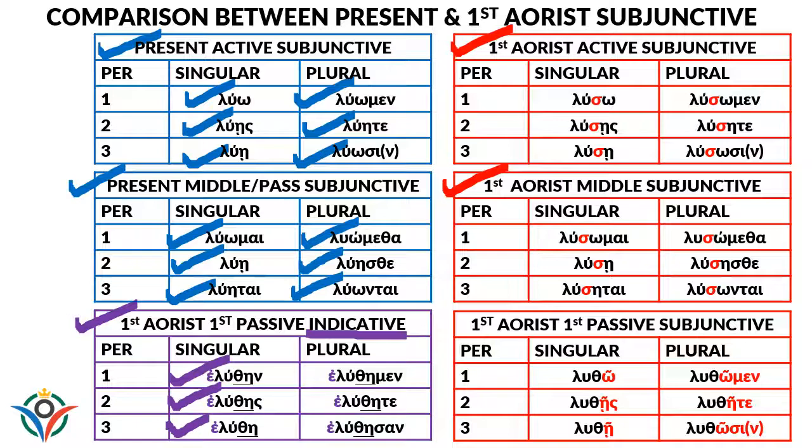The plural forms, eluthemen, eluthete, and eluthesan. So remember, in the indicative mood, time is significant, so that is why we have the augments on the front. And then the first passive in the indicative mood is characterized by the tense formative, the theta eta.